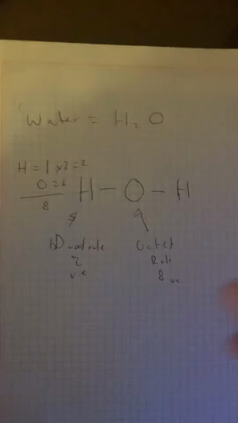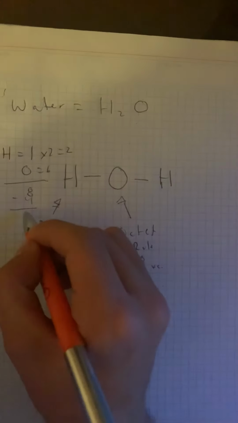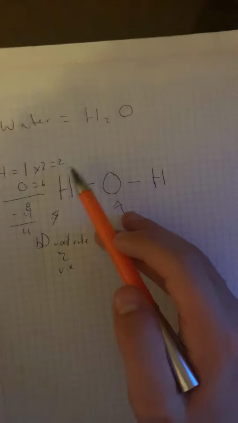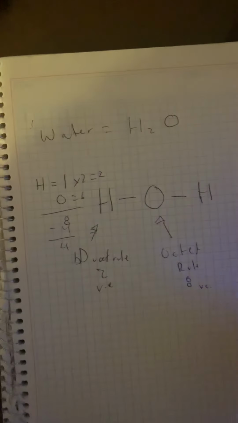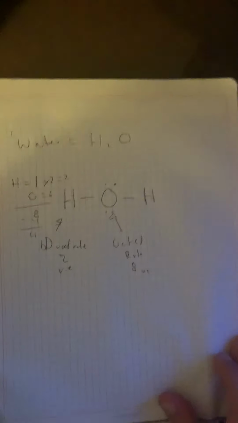So now we have 4 in total, which means we are missing another 4. Hydrogen already has 2, so both hydrogens are already happy, and oxygen has 4, so the 4 remaining will directly go to oxygen as single dots.